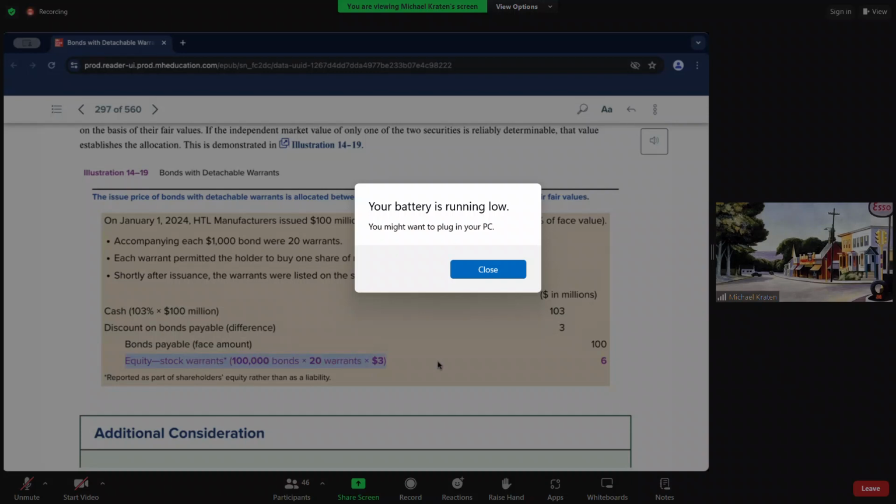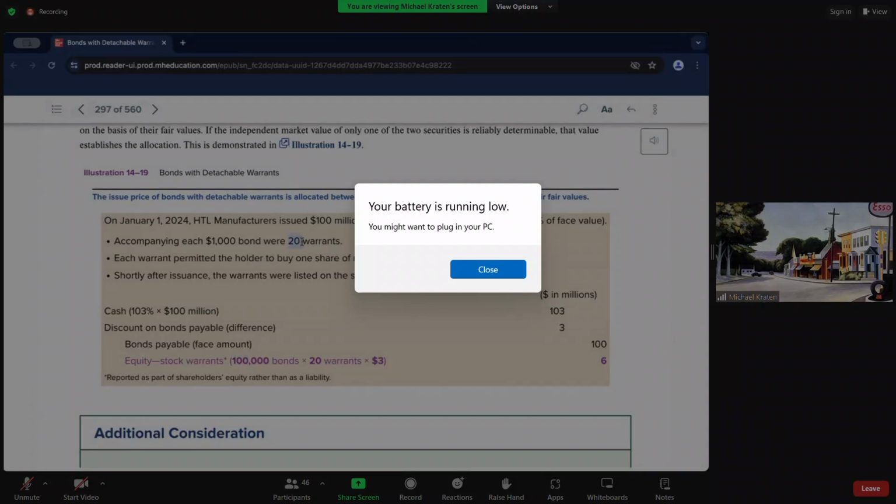Here, though, I'm saying, wait a minute. The 103 of cash that I am getting is not just the liability that I am issuing. I'm also issuing warrants. Well, how much are those warrants worth?